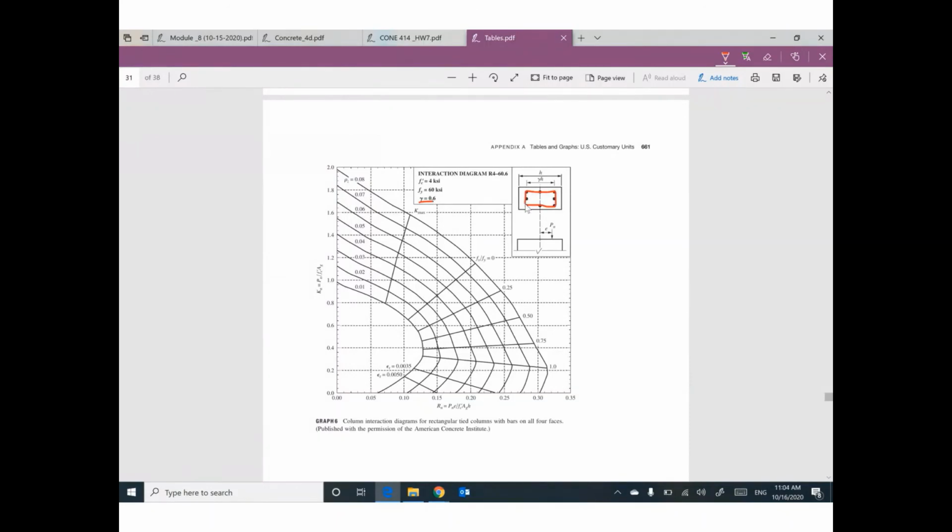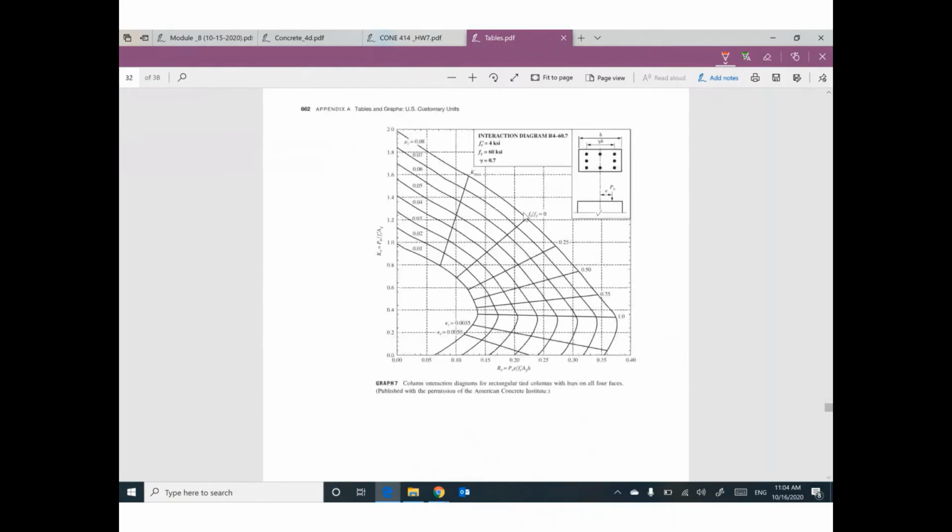So I'm gonna use this one: gamma equal 0.7, F prime C equal 4,000, 60,000, and uniform distribution. So please put your value of Rn and your value of Kn, so I can figure out the value of rho. Then I can figure out the value of area steel. Very simple calculations.